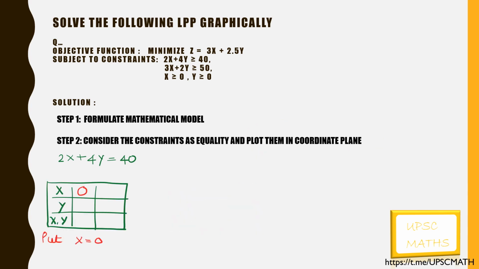When we put x = 0, we get y as 10. So our coordinates become (0, 10). Let's put y = 0. So we get x as 20. So the coordinate points become (20, 0). Now let's draw the table for the second equation.